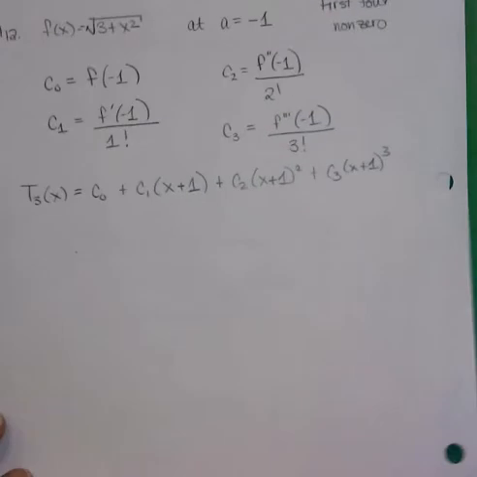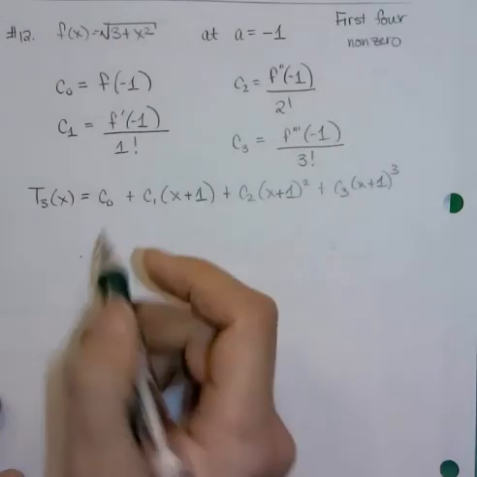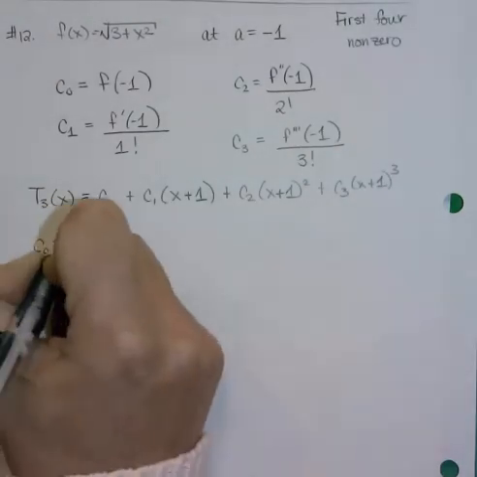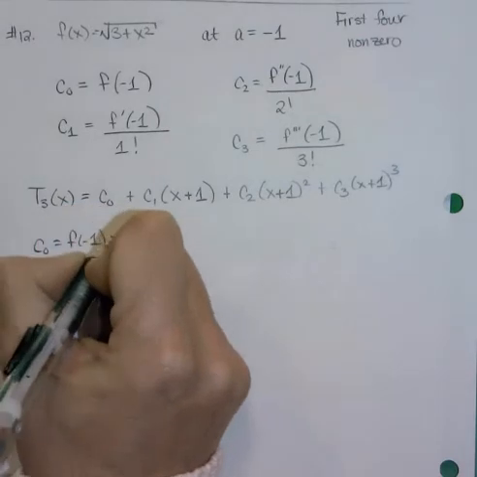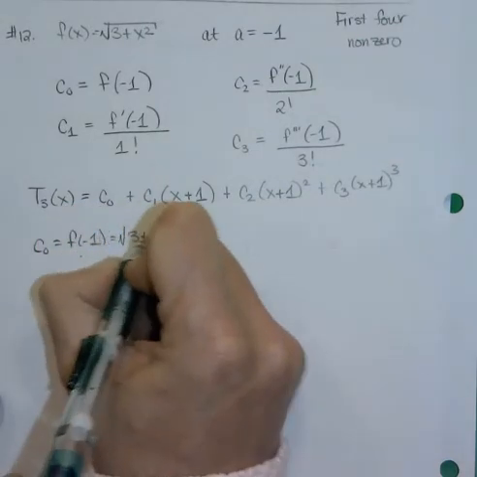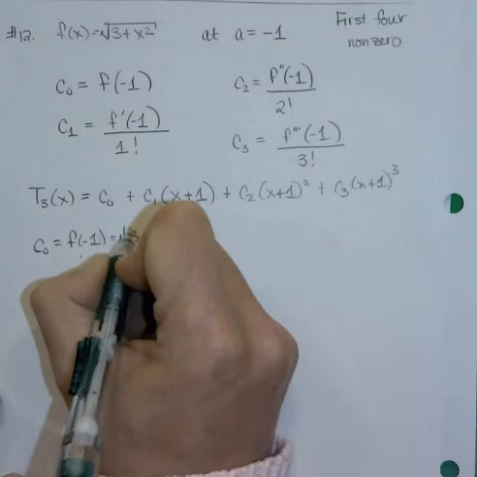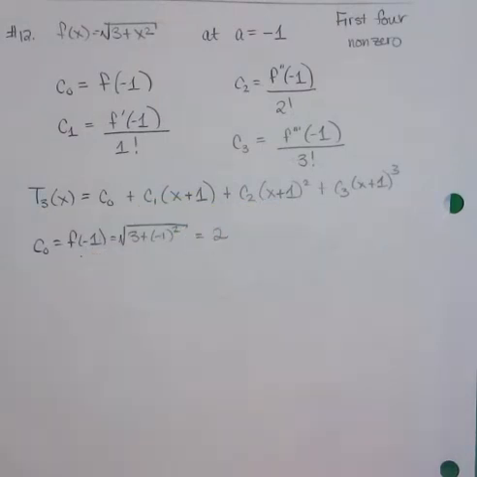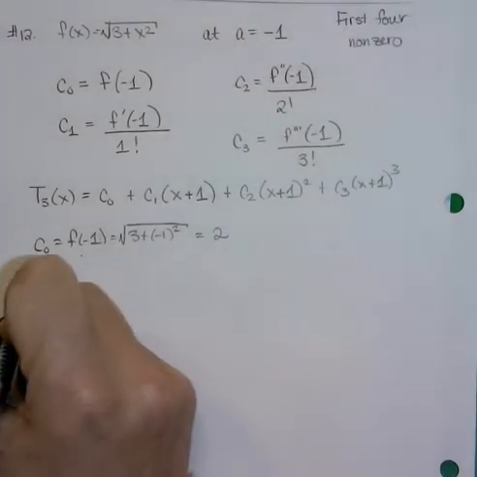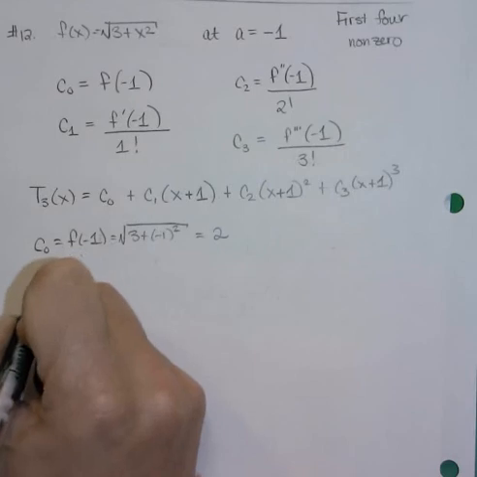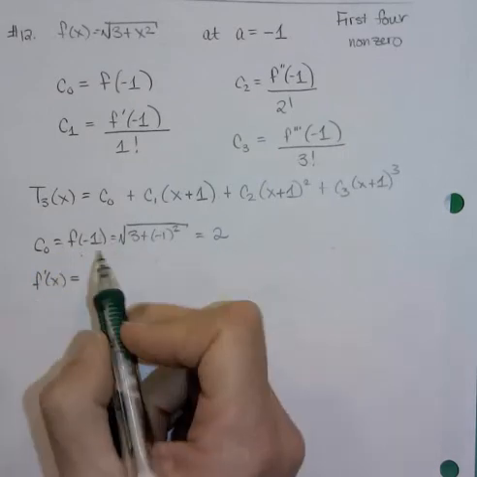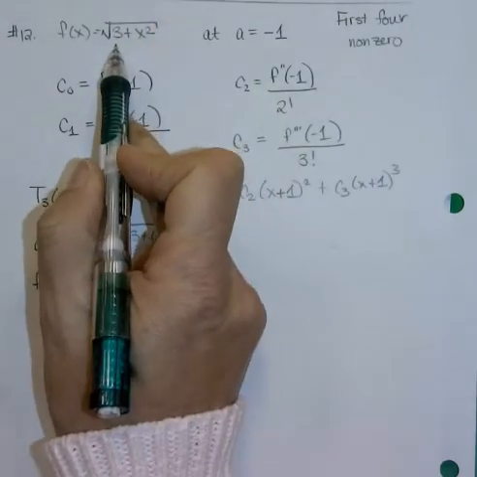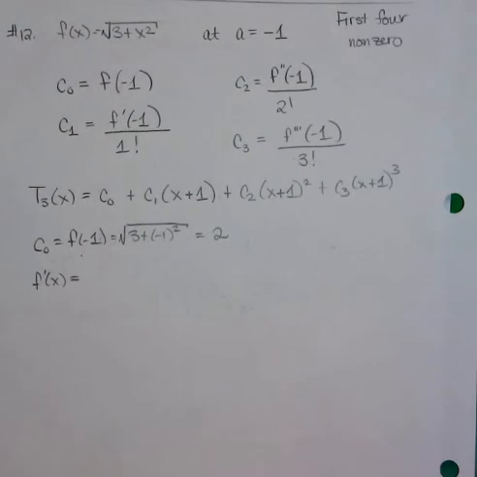So we can find C0 right away. C0 is just f of -1, which is the square root of 3 plus -1 squared. So that would be the square root of 4, 2. So we already know the first term is 2. So now we have to find f prime. Well, I would think of this as 3 plus x squared to the 1/2 power and use the chain rule.